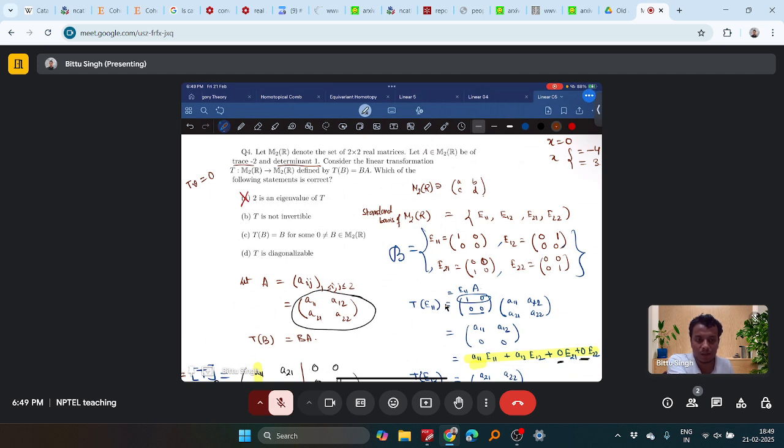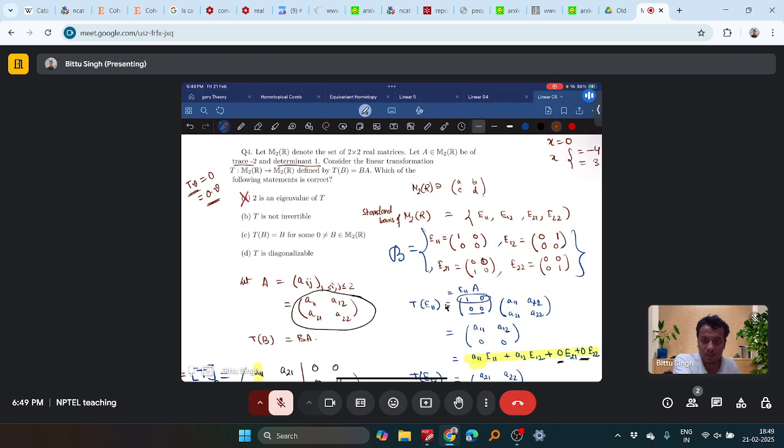Kernel contains something. It cannot be injective. So t of v equals 0 times v, and from here you can see that 0 is an eigenvalue of t.